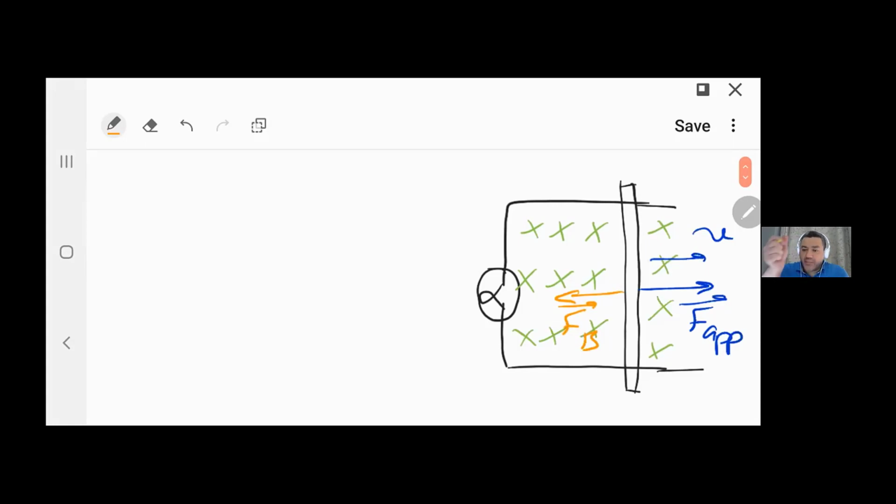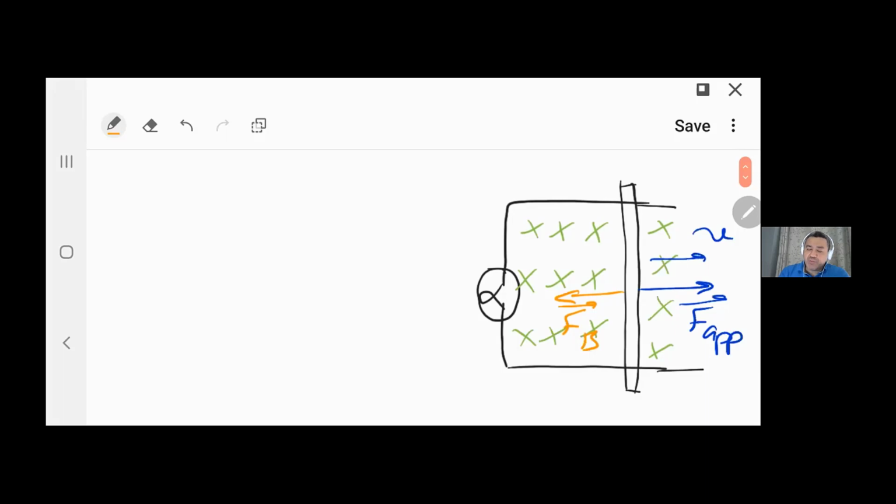Because you pulled that bar to the right, you increase the area. Since you are increasing the area, you will be increasing the flux that's going into the screen, which means the magnetic field is increasing into the screen.